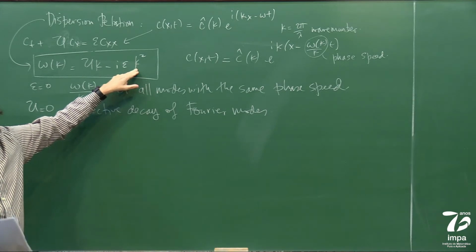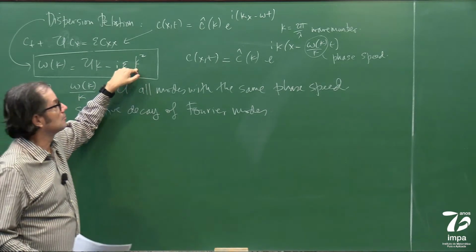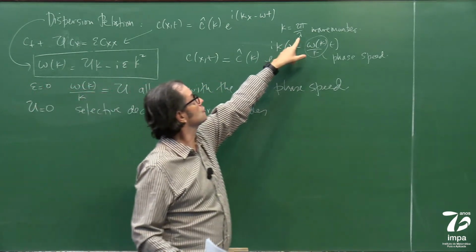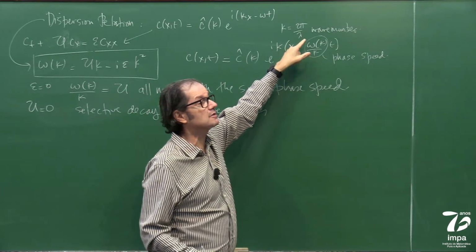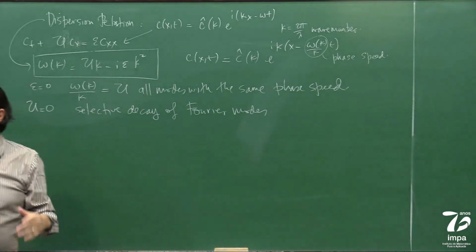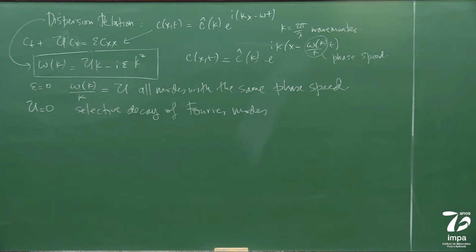So higher frequencies, which are faster with smaller wavelengths, will decay faster. Sometimes a little bit of numerical diffusion is used as a filter to kill higher frequency terms numerically, if they're unimportant mathematically or physically. Sometimes people put that in.